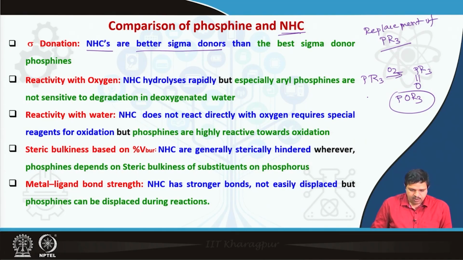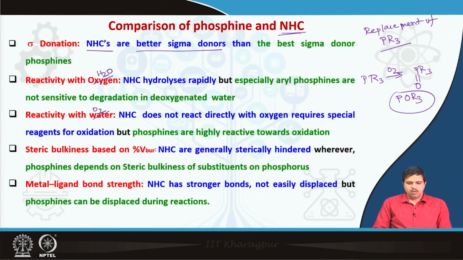The phosphine reacts rapidly with oxygen, but NHC does not react rapidly with oxygen. Actually there is a mistake here: it will be O2 and here it will be H2O.